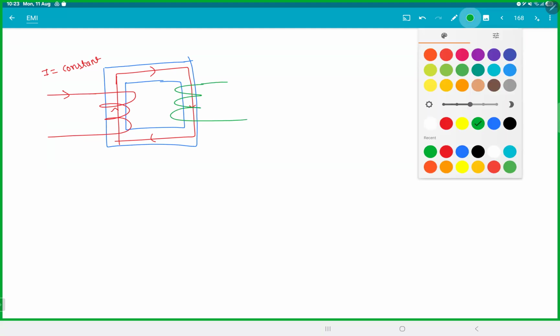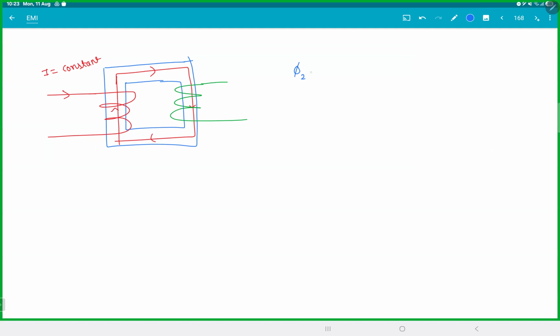So if you look at the flux in the secondary coil, that will be N2 into phi. But remember, this will be constant because I is constant. The flux is not changing. Then when I try to do V2, which is minus d phi 2 by dt, I'll get 0. There'll be no output. DC circuits won't work.